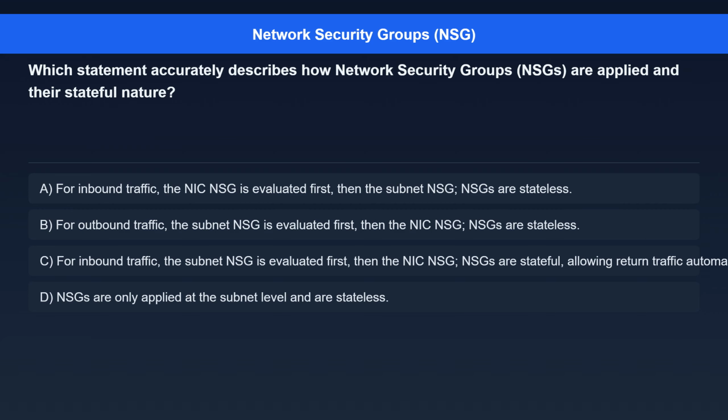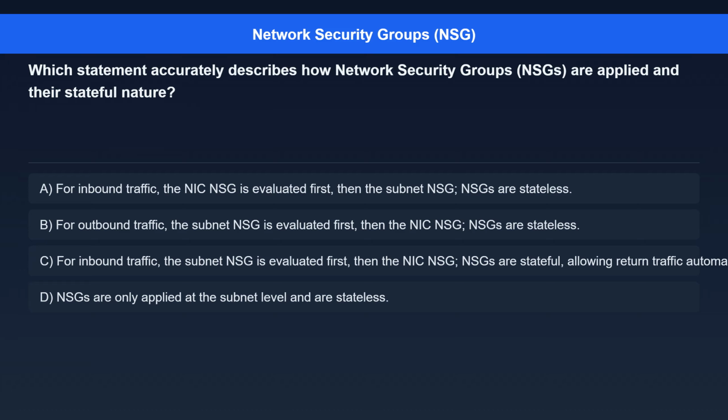Question 6. Which statement accurately describes how network security groups, NSGs, are applied and their stateful nature? Option A. For inbound traffic, the NIC NSG is evaluated first, then the subnet NSG. NSGs are stateless. Option B. For outbound traffic, the subnet NSG is evaluated first, then the NIC NSG.